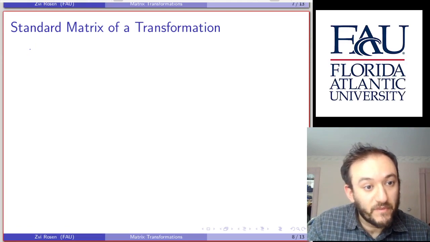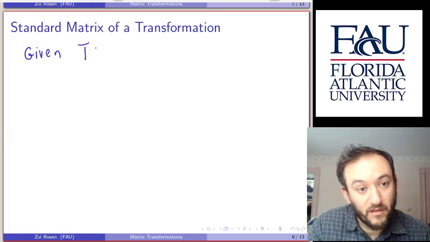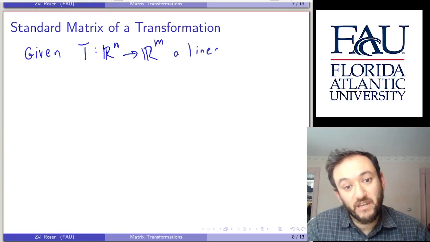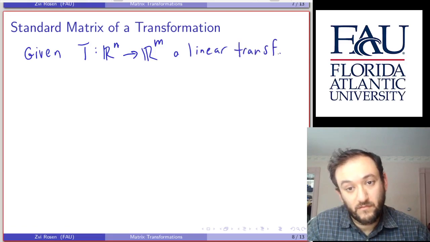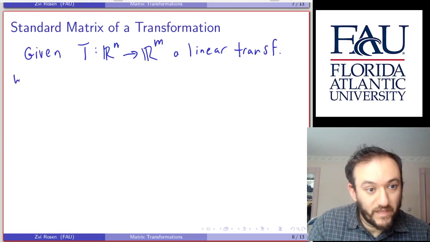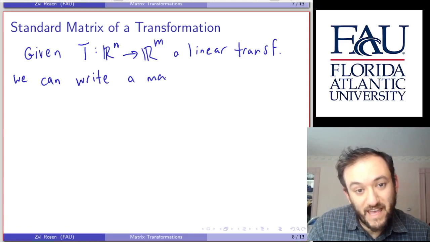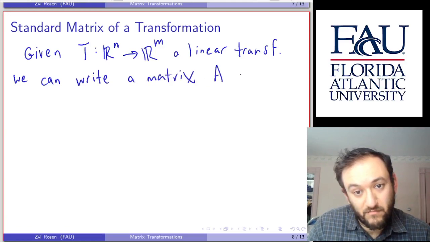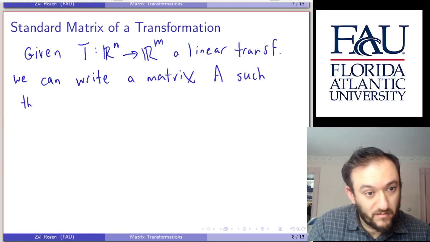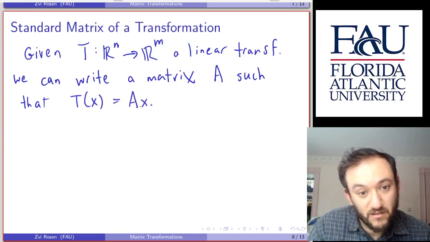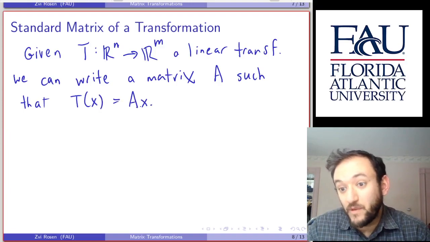So given T from Rn to Rm, a linear transformation, we can write a matrix A such that T of x is just given by matrix multiplication by x. Okay? And how do we get this matrix?